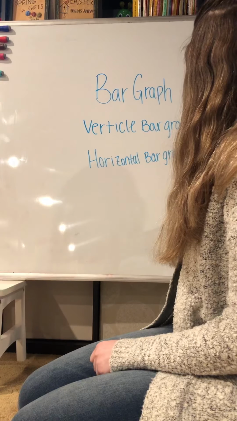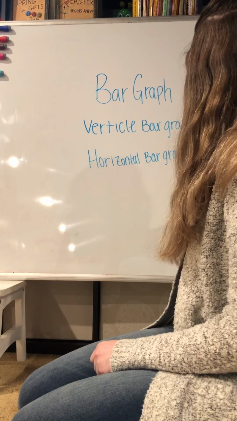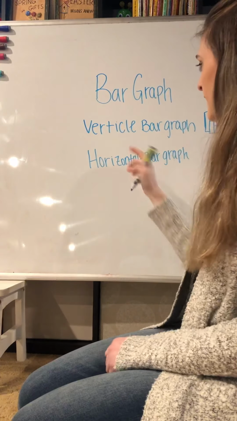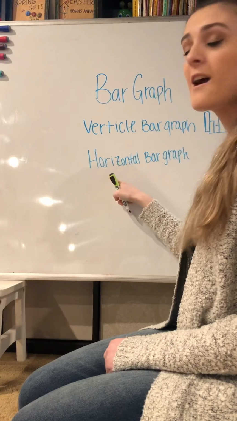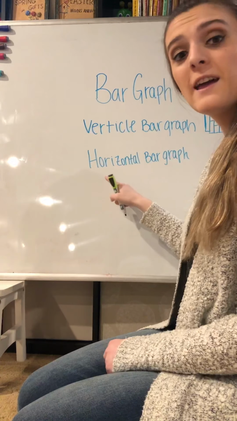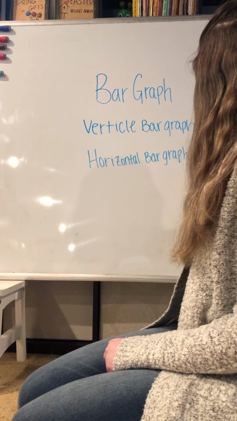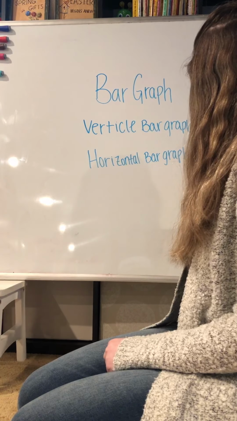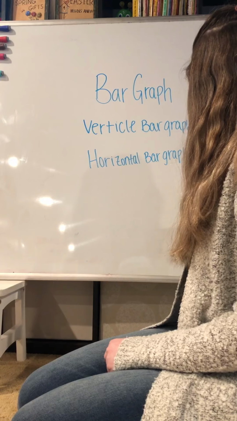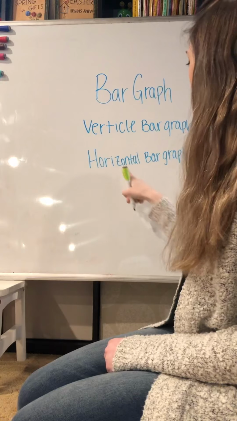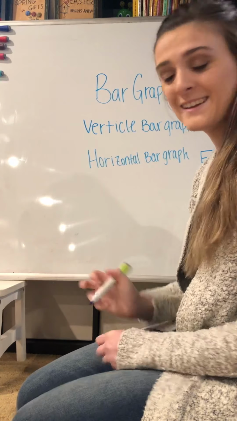The bar graph will be up and down. Vertical bar graph. And then we have our horizontal bar graph. And remember, our horizontal bar graph is going to be going from side to side. And this is our horizontal bar graph, okay?